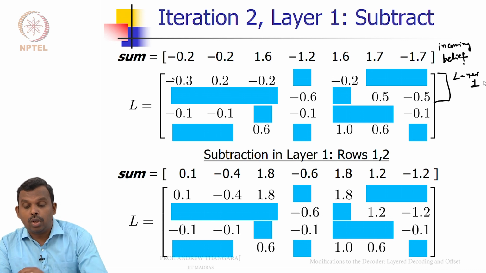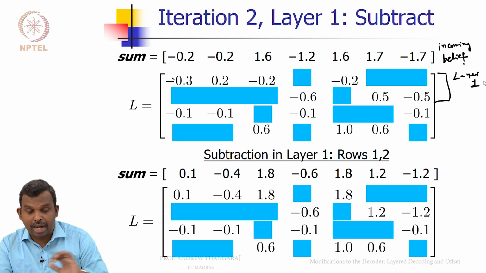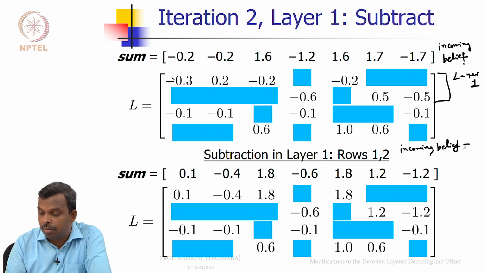In the first step, you have to subtract. What do I mean by subtract? You take the incoming belief and do incoming belief minus layer 1. This is the subtraction that you have to do.